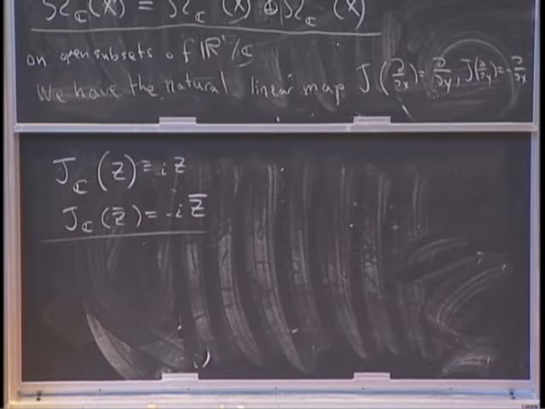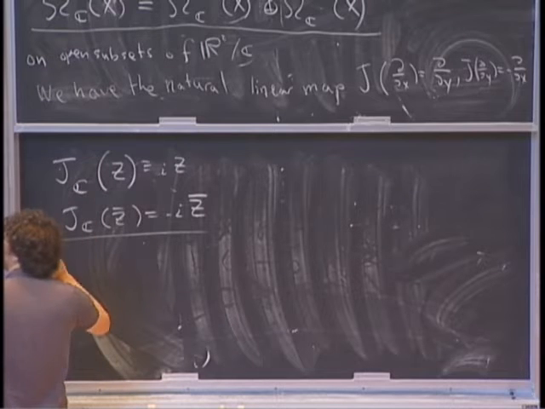Okay, so then the point is, what does it mean to say something is complex linear?